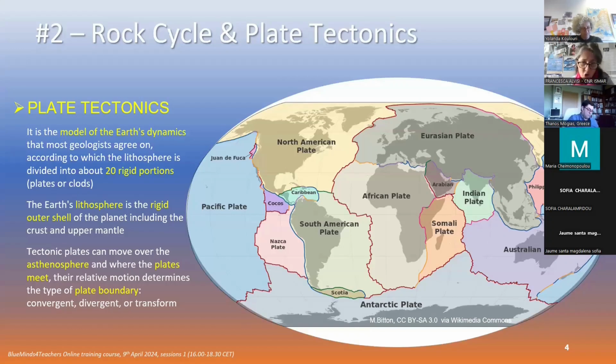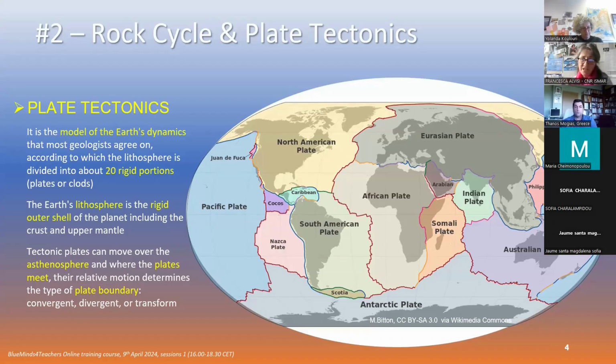So this is some basic geology. These plates can move and collide, and we can have different kinds of plate boundaries.